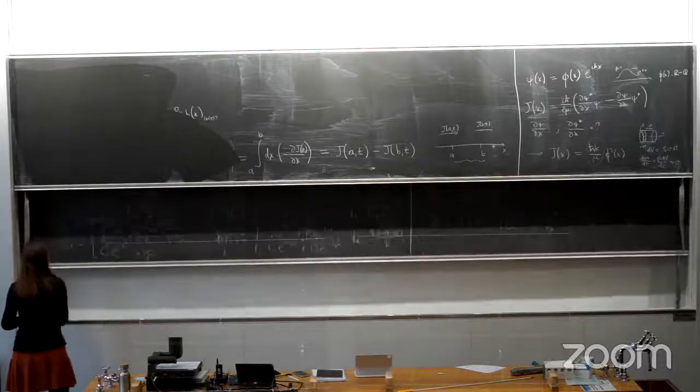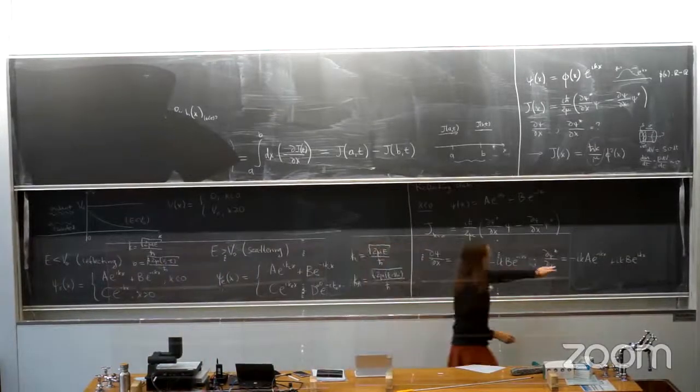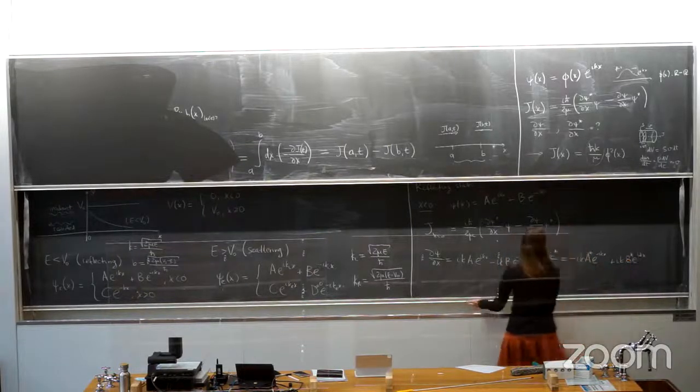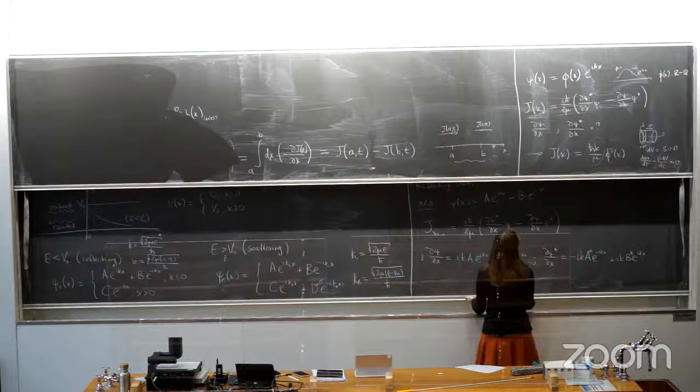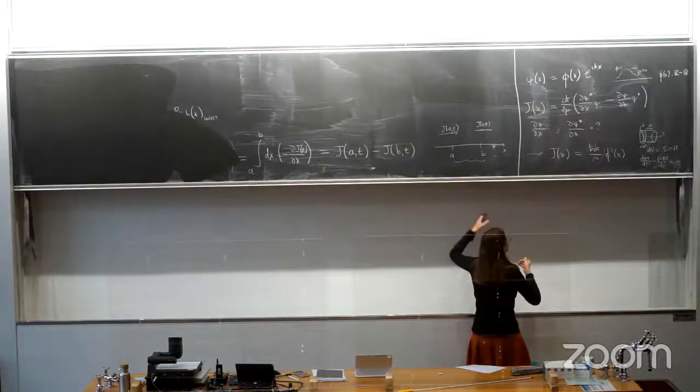When we take the complex conjugate here, we also have to take the complex conjugate of A and B, because A and B are not guaranteed to be real numbers. They can also be complex numbers.